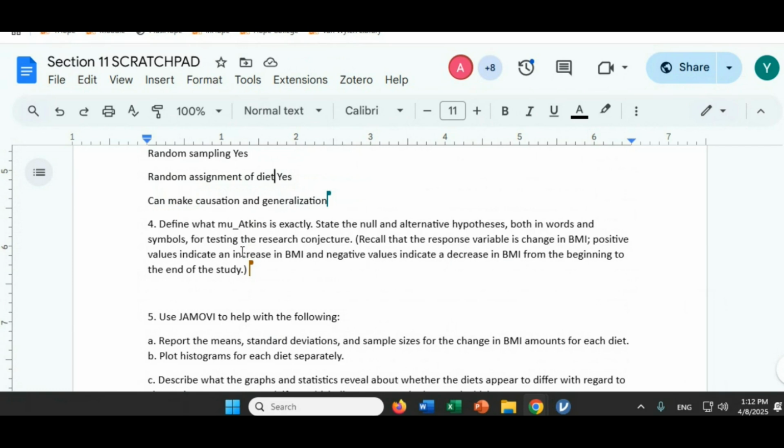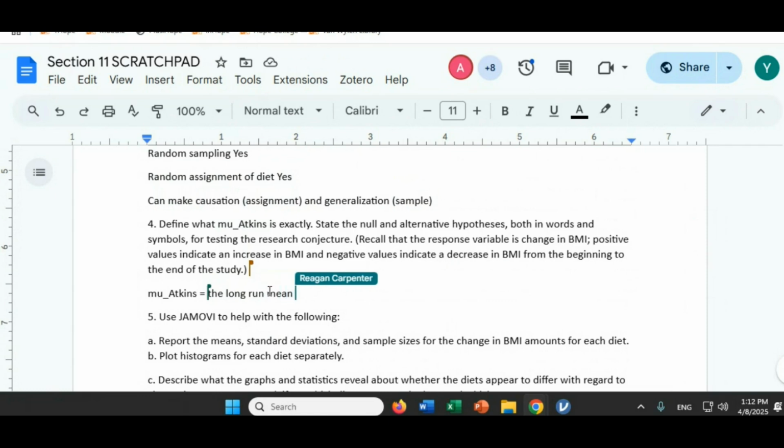Is this okay? Right? Okay, define what mu Atkins is. Anyone want to try this? Give me some words. Mu Atkins is the... not a number. Right? You cannot give me a number. This is a parameter. Mu Atkins is the long run mean. Mu is always a mean.